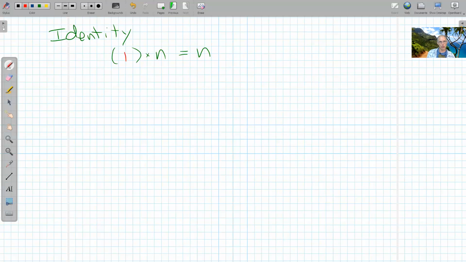So the number 1, so here's a fancy 1 there. 1 is the multiplicative identity. One times any number, that number is itself. It keeps its identity.